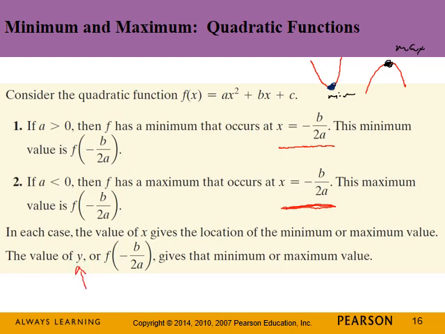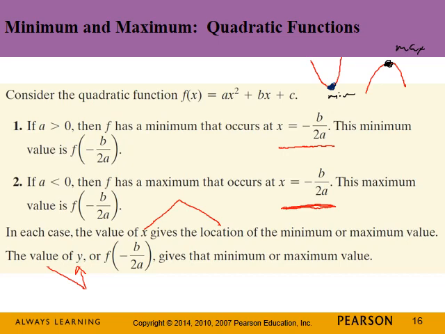When they're asking the location of the minimum or maximum, the x value gives the location of the minimum or maximum. So please make sure you know the difference, or it could cause you to get the problem incorrect. Where it occurs, or what is the location, you're giving an x value.